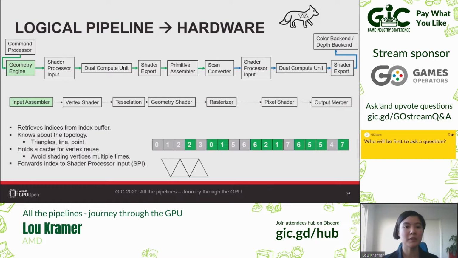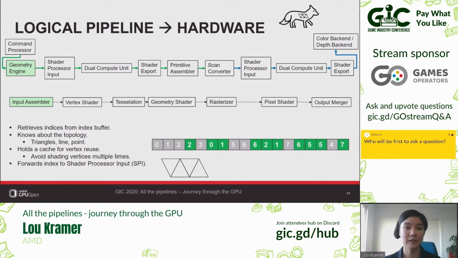And the naive way would be to just forward all the vertices to the shader processor input, and then we do all the transformations needed on the vertices, even if the vertex was already processed before, so we have duplicates. This makes it in some sense easier because then we don't lose the connectivity information. We can just say, okay, every three vertices belong together and span a triangle. But it comes with the side effect that we do unnecessary computations because we actually already shaded this vertex and we don't need to do it again.